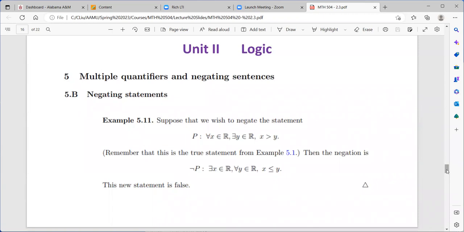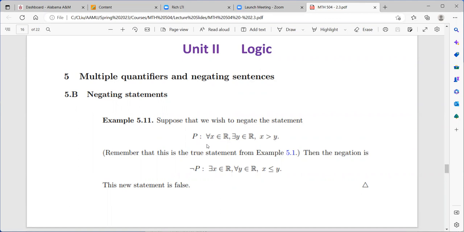Let's do one more example. Suppose we want to negate the statement P, which is for any x in R, there exists y in R such that x is greater than y. We know that's true. For any real number, you can always find another real number so that the first number is greater than the second, right? If you try to negate it, then you swap the quantifiers.